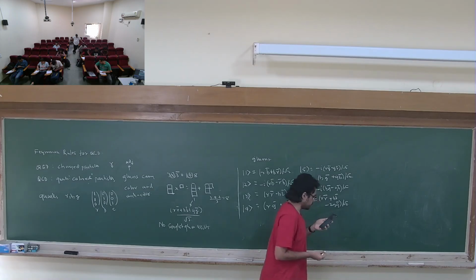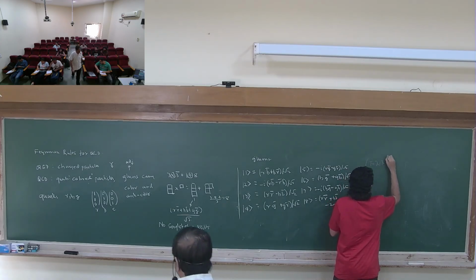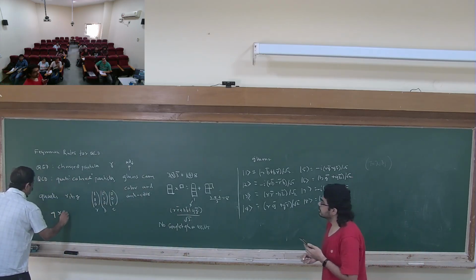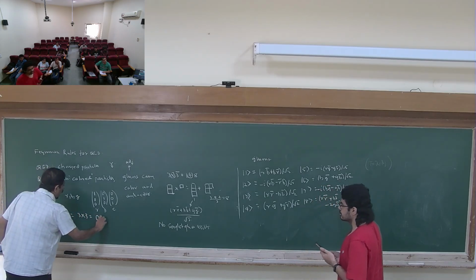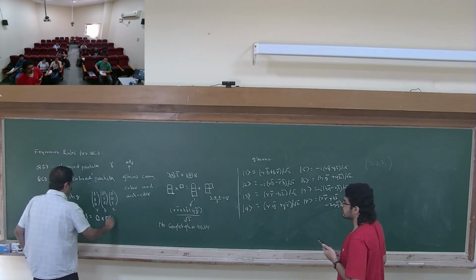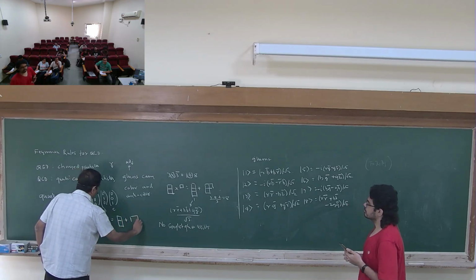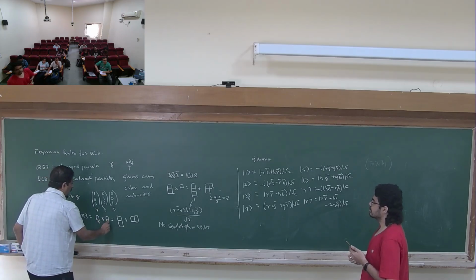Quark-antiquark gives rise to a singlet and an octet, whereas quark and quark give rise to a triplet and a sextet. Why? Quark times quark is a 3 times 3, right? So let's draw two boxes like this, equals this plus this. What is this?